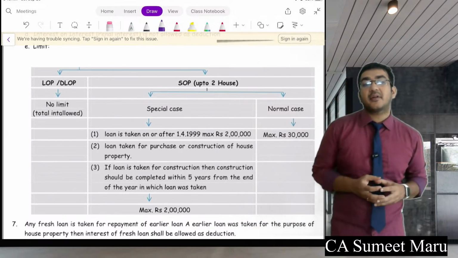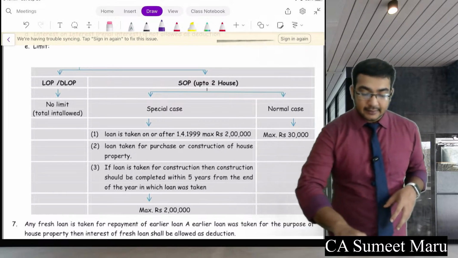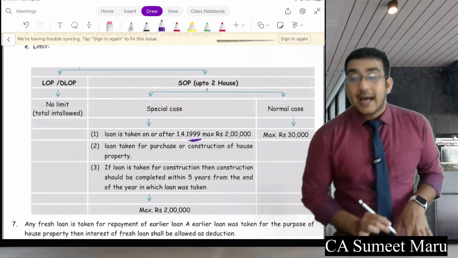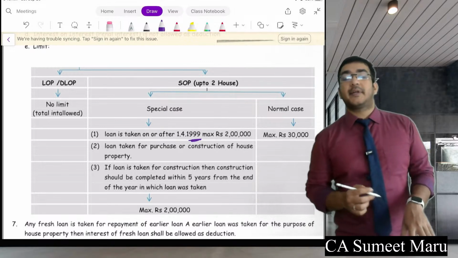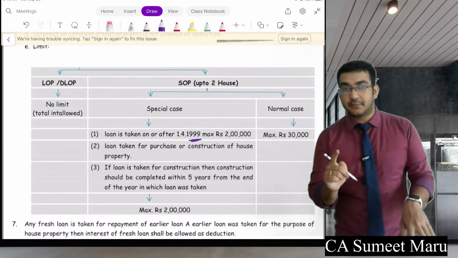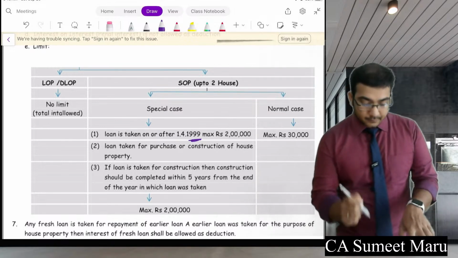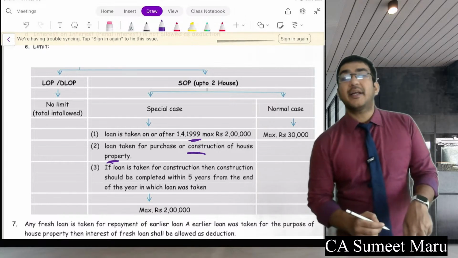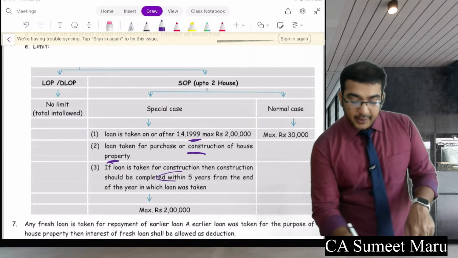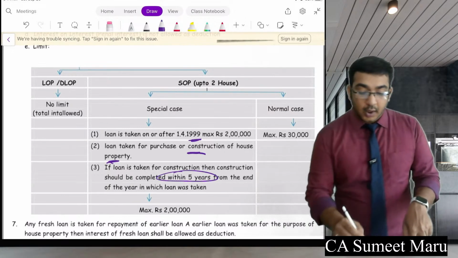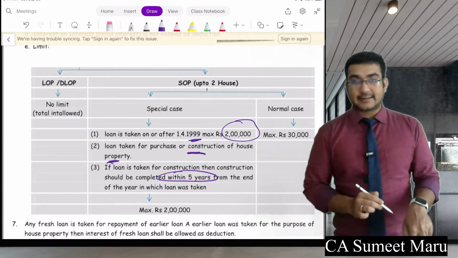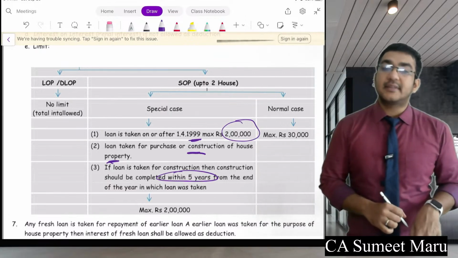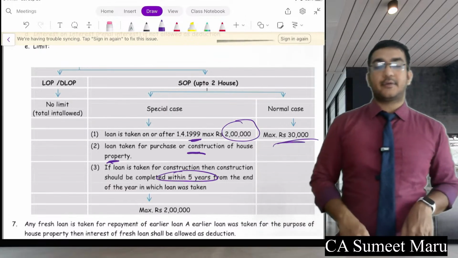If it is after 1/4/1999, and you have taken this loan for construction or purchase, and if for construction, the construction is completed within 5 years of taking the loan, your limit would be 2 lakhs. If none of this is satisfied, your limit would be 30,000.